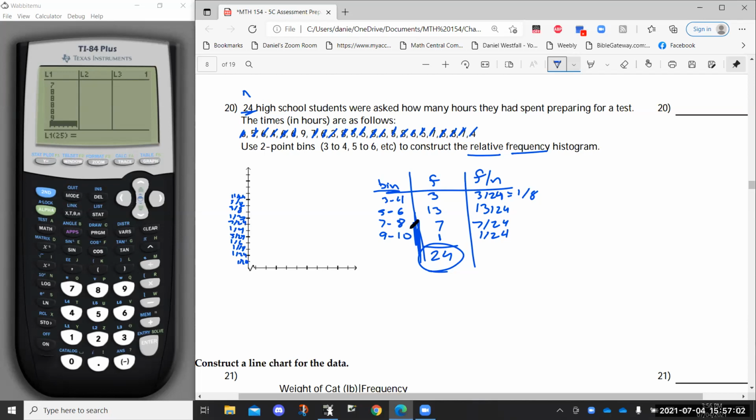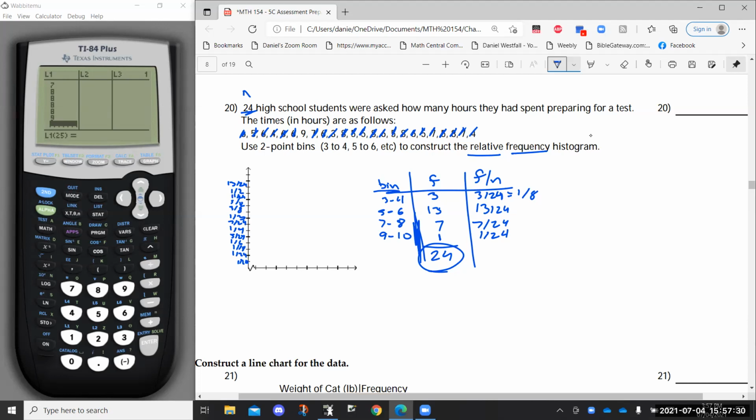I could, but I probably don't need, I probably need close to that many. 12 out of 24 is half. 13 out of 24. See, that's where I need to end, is up there at 13 out of 24.